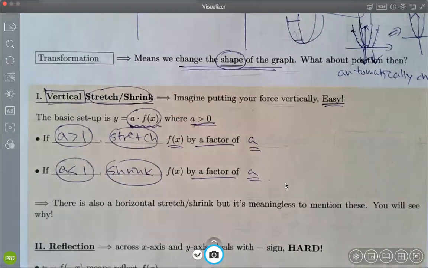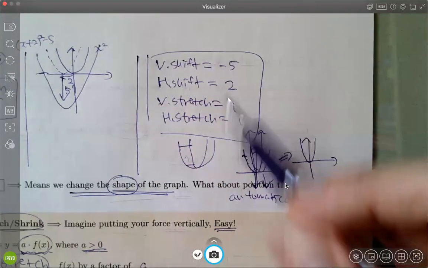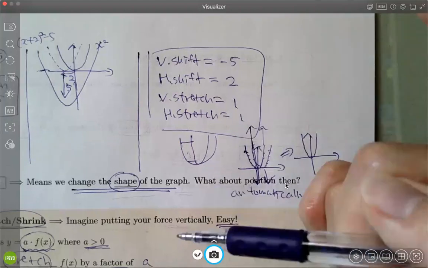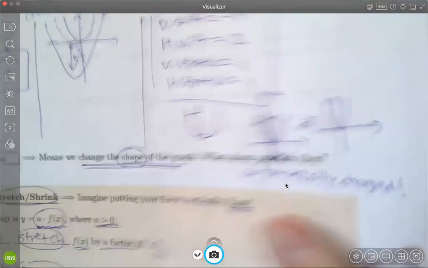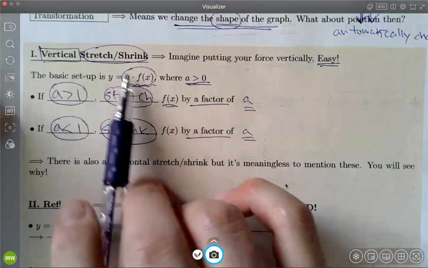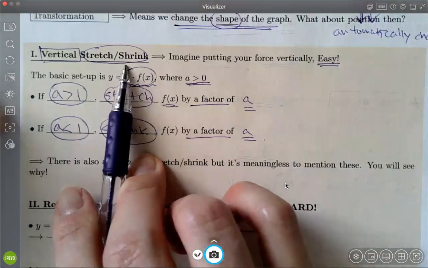Going back to this pop-up screen, why is 1 the default setting for the stretch? Because when you put 1 in front, like I said, you don't change your function.